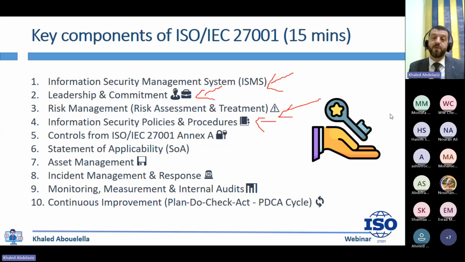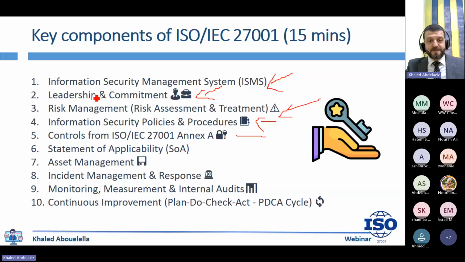Here I'm talking about the information security policy and the related policies that cover all aspects of information security, such as the access control policy, encryption policy, or let's be more generic, cryptographic policy, data classification policy, bring your own device policy, and so on. All these policies are a key component for any organization that wants to implement ISO 27001.